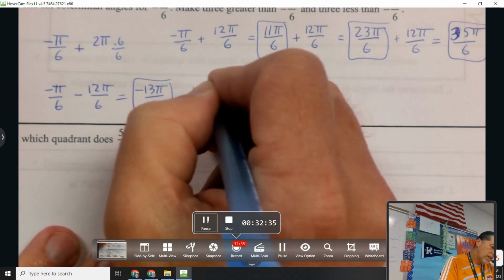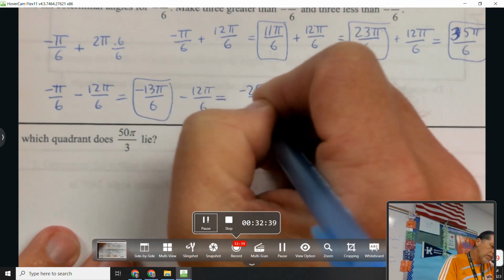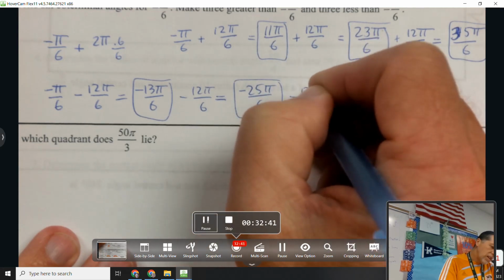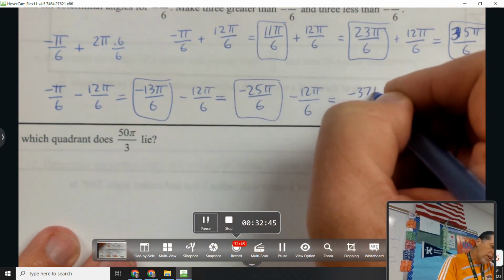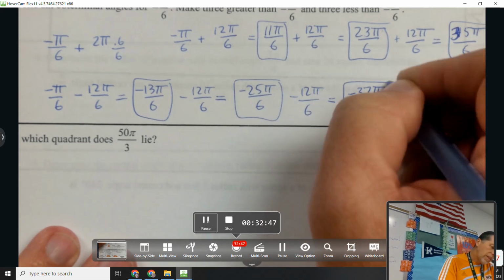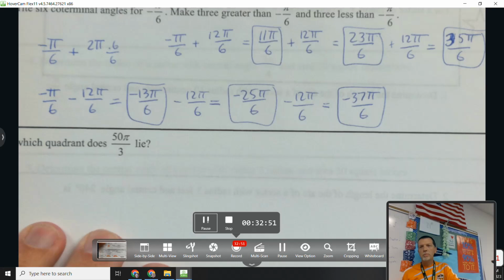Try not to mess this one up. Negative 25 pi over 6. Negative 37 pi over 6. Dot, dot, dot. I could keep going as many times as I would want to.